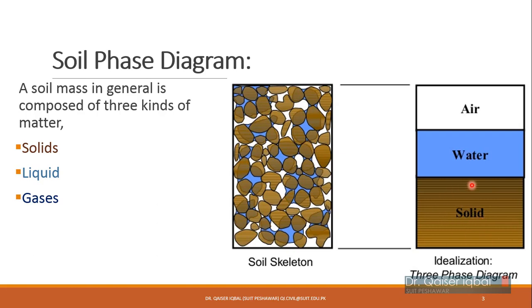Solid particles occupy more volume over here, then water, and then the empty space represents air. Just for the sake of idealization we have separated them for our understanding, which will be used to determine the various important properties we are discussing in the coming slides.